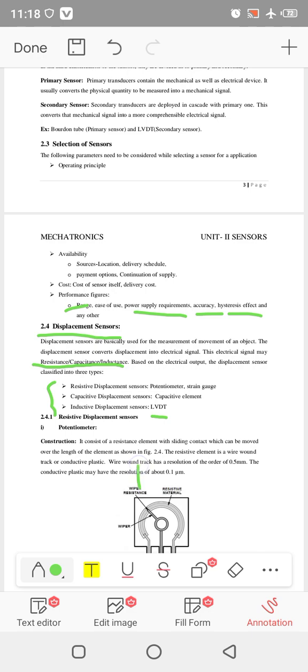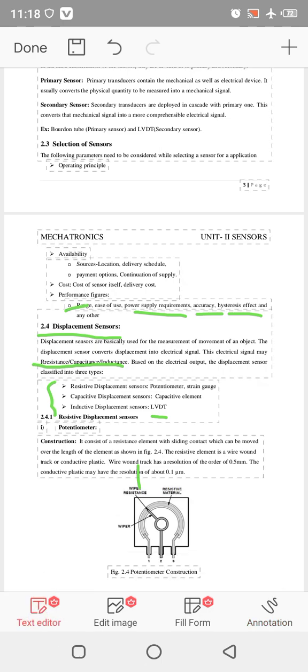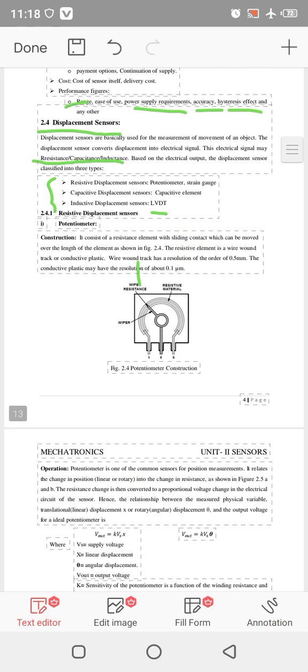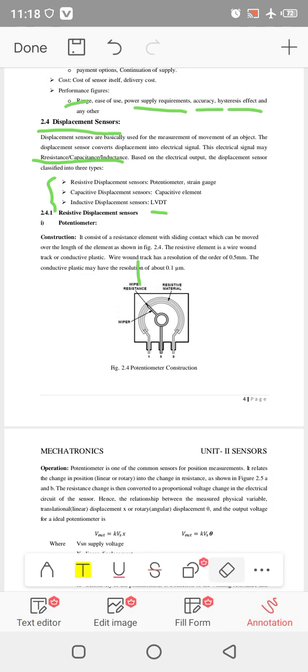One type of resistive displacement sensor is the potentiometer. The potentiometer is one of the well known and widely used types of sensors to measure displacement by varying resistance. Its construction consists of a resistance element with a sliding contact moved over its length.